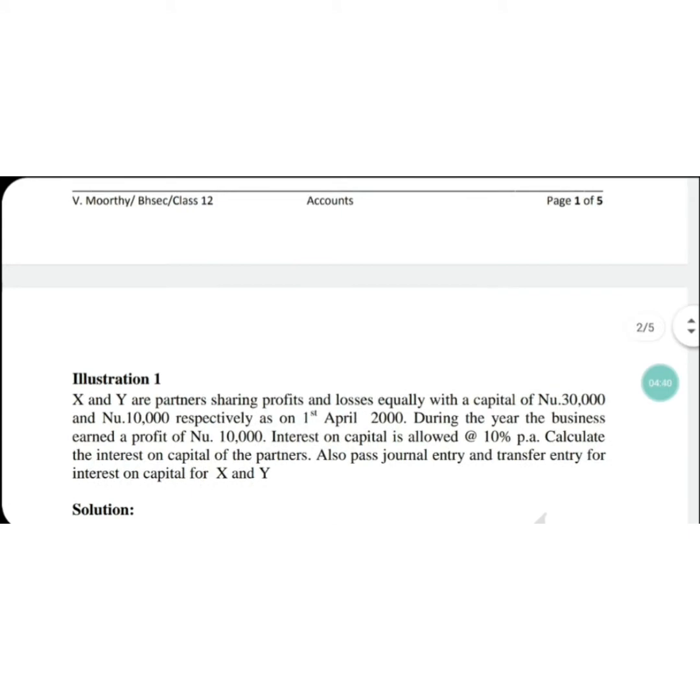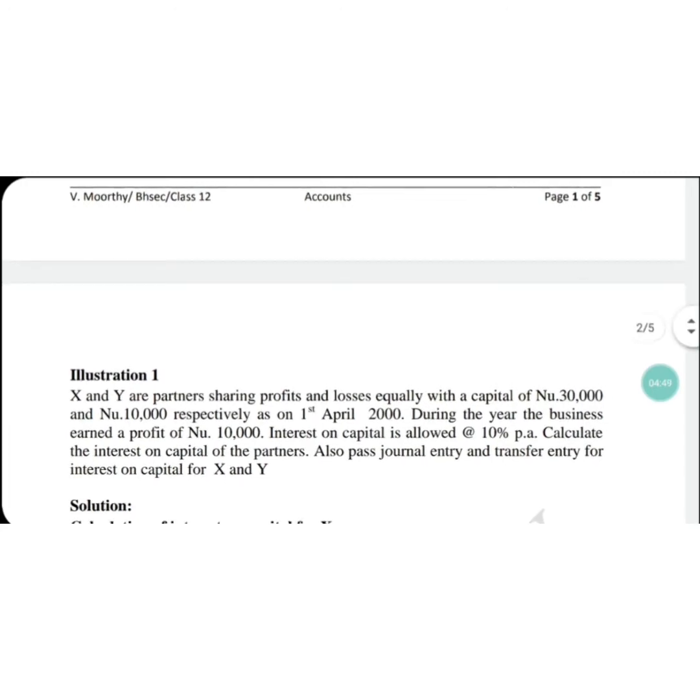Here, according to this illustration, two partners are there. They are sharing the profits and losses equally, and their capital is 30,000 and 10,000 respectively on 1st April 2000. So the financial year for them starts from 1st April till 31st March of the next year.